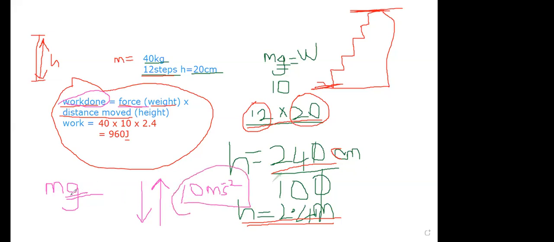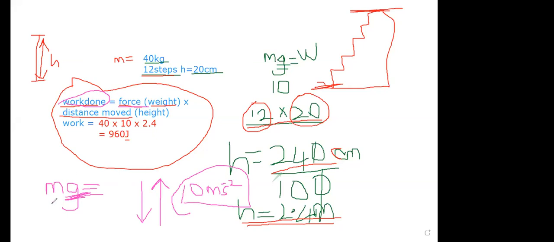Now, that is what we call acceleration: how the velocity of a body changes every second as it is acted on by a gravitational force. That is what we call acceleration due to gravity, and it is constant. Constant means it's the same for all bodies, and it is 10 meters per second squared.